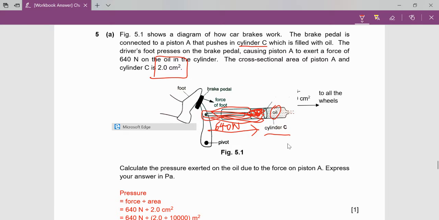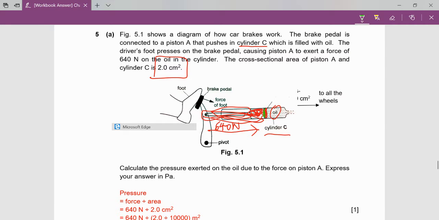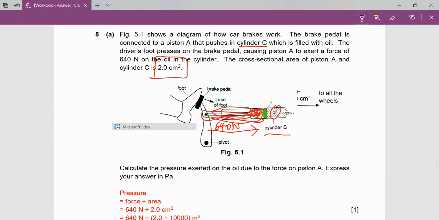Okay, so they are saying this surface area in contact. Let me just use a different color, maybe it'll be clearer here. Okay, the green color here is the cross-sectional area of piston A and cylinder C, which is 2.0 cm squared. Okay, let's change color, purple.